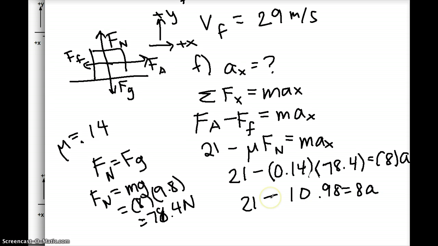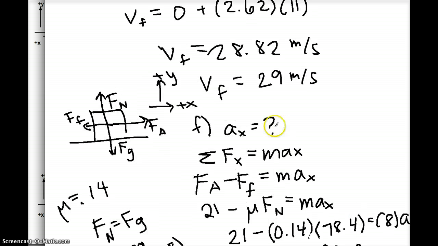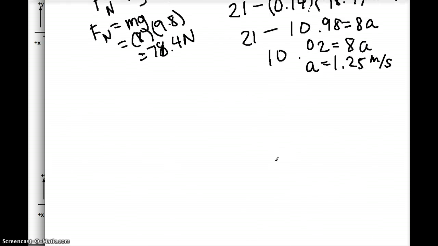So now I can combine these terms. I get 10.02 is equal to 8a, and a is now 1.25, which is much slower. It makes sense that this is a lesser number than what we got in part C, which is 2.62. So it was going much faster without friction. That makes sense.